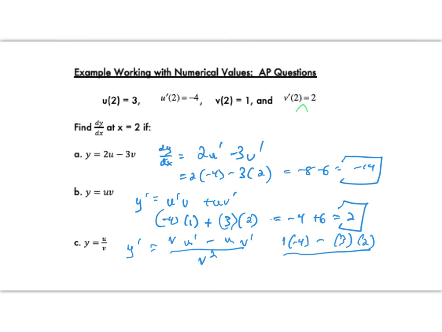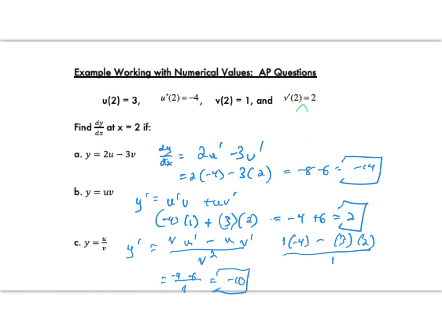So if v of 2 is 1, then 1 squared is just 1. And now I could do a quick cleanup here. So negative 4 minus 6 all over 1. I think we should end up getting negative 10, if I am not mistaken. So that's your u prime v minus uv prime all over v squared. That's going to be your quotient rule right there.